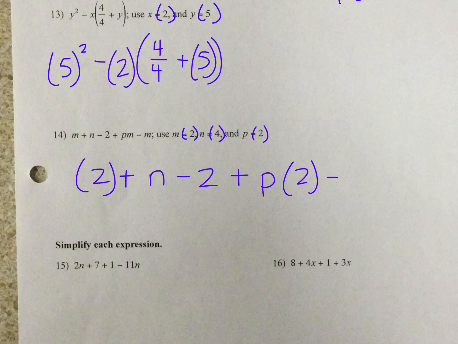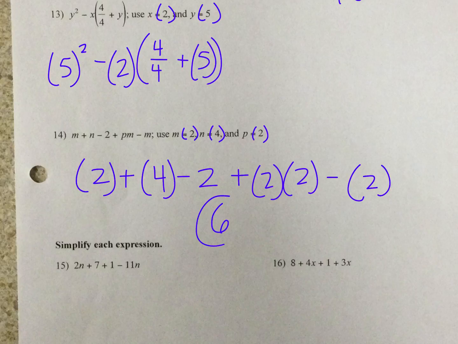I'm going to do the same thing for this M at the end. All right, for the N, I'm going to erase it and put a parenthesis 4. And for the P, I'm going to erase it and put a parenthesis 2. When you type this in your calculator exactly like this, you get the answer 6.